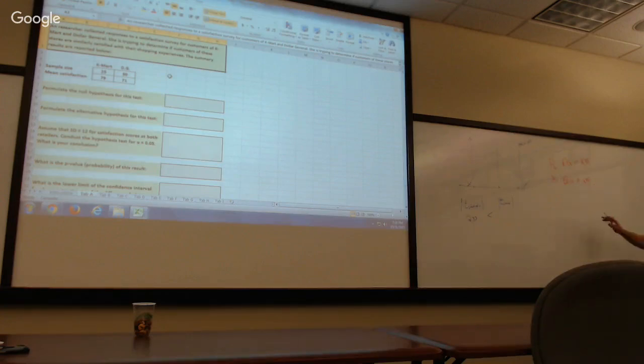Or what you could do is say that our mu is the difference between Dollar General and Kmart, and then you can do mu 0, mu not equals 0. But that just adds another convoluted step where you can just stick with Dollar General is equal to Kmart, or Dollar General is not equal to Kmart.